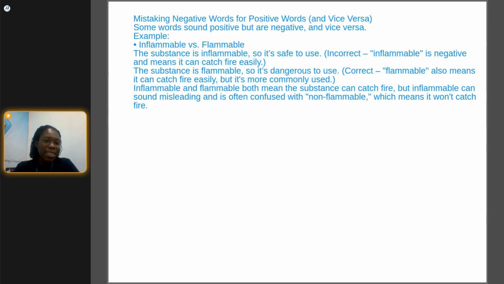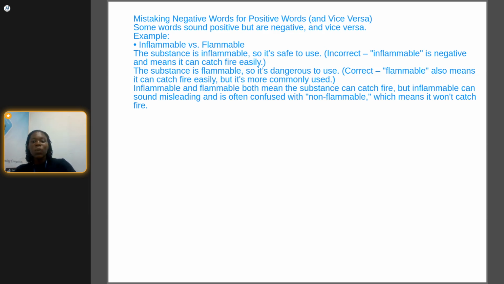Some people think that inflammable is the opposite of flammable, whereas they actually mean the same thing. If you say the substance is inflammable, so it is safe to use, that's incorrect because inflammable means to catch fire easily. So the substance is flammable, so it is dangerous to use. That's correct because it also means to catch fire easily.